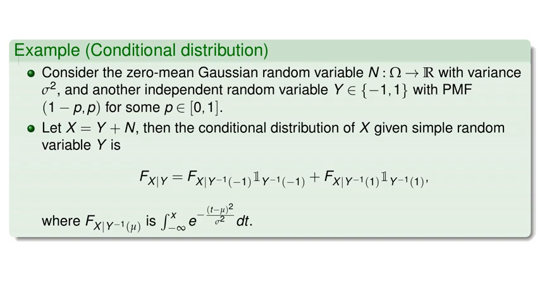Here f sub x given y equals mu represents the distribution function of a Gaussian random variable with mean mu and variance sigma squared, which involves the integral of the Gaussian density, something like the integral from -infinity to x of e to the minus (t minus mu) squared over 2 sigma squared dt times the normalization constant.